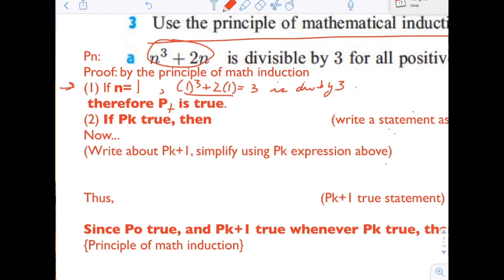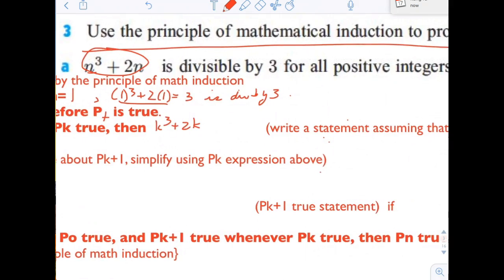Now, if P of K is true, then what can we say? So we're going to substitute the K's in for the N's here. And so we're going to say then K cubed plus 2K is divisible by 3. And the way we say it's divisible by 3 is we say it's equal to 3 times A, where A is from the set of integers.